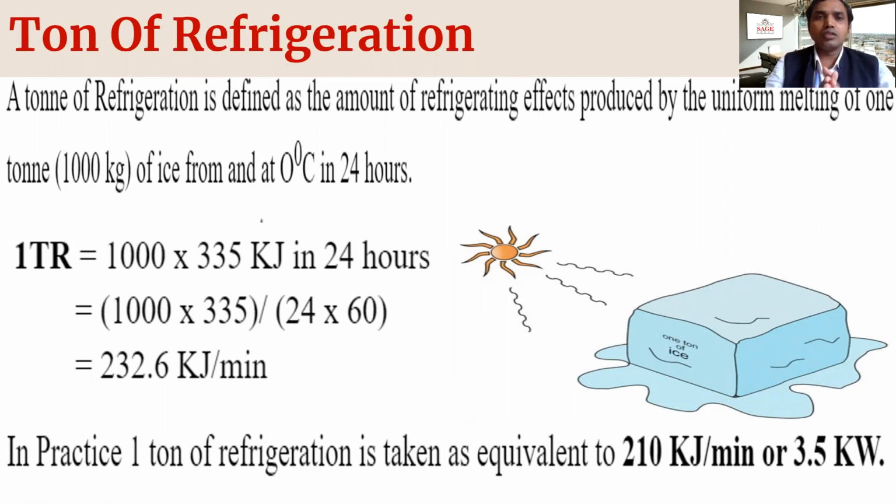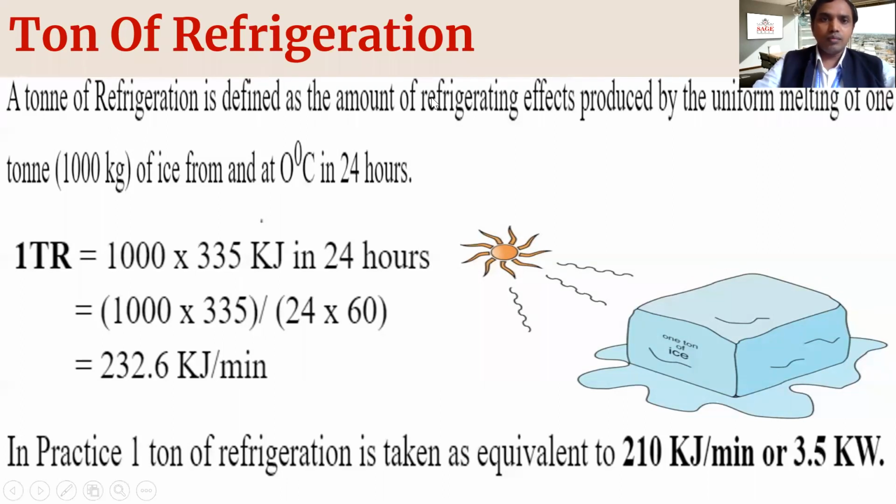So the ton of refrigeration is the unit to measure refrigeration, and the definition of this particular unit is the amount of refrigerating effect produced by uniform melting of 1 ton of ice from and at 0 degree centigrade in 24 hours.